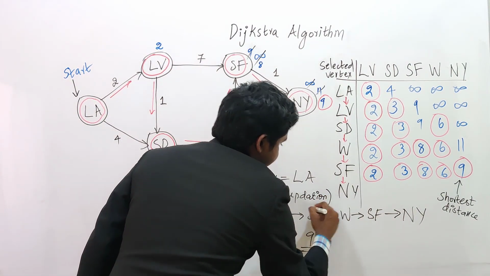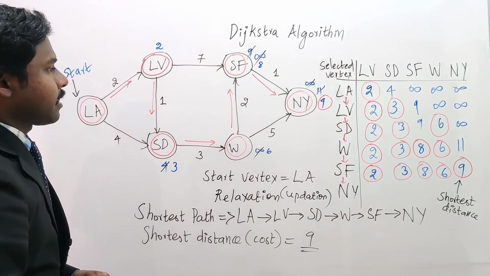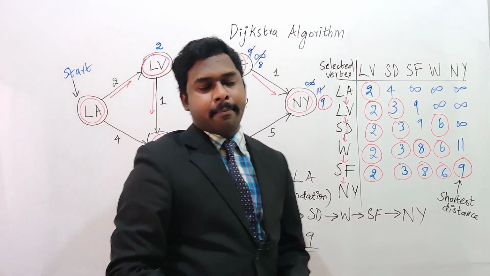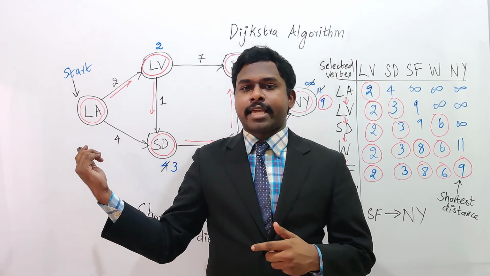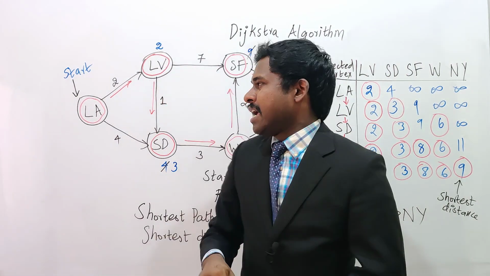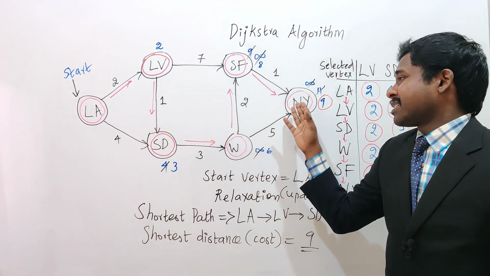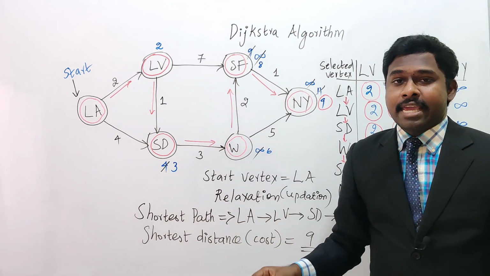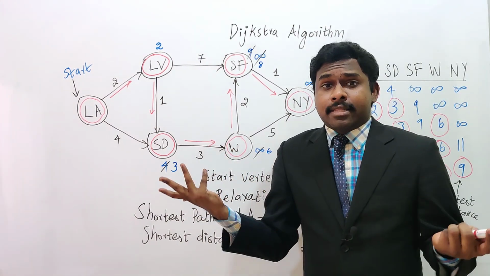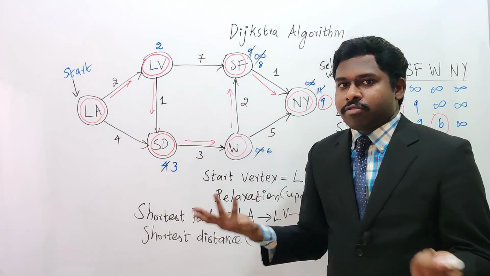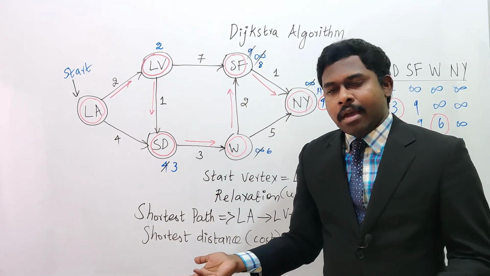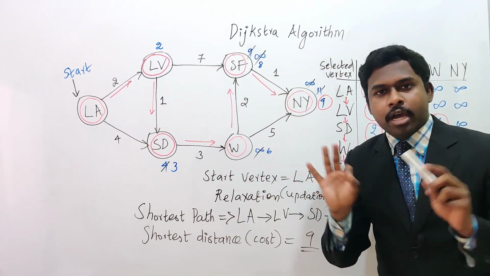The updation process is being done, and this is actually a real life example. If you want to go from Los Angeles, California to New York City, this is how you do it. Instead of LA, LV, SF, NY, W, and SD, you can put anything here. You can plug in 1, 2, 3, 4, or A, B, C, D, or anything like that. But you understood the concept.